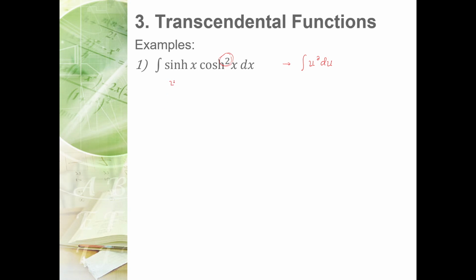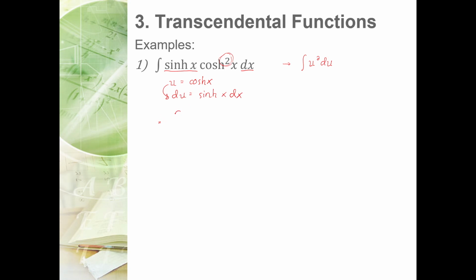So obviously your u is equal to cosine x. We know that the derivative of cosine is negative sine x dx. Notice that sine x dx is present in the equation.